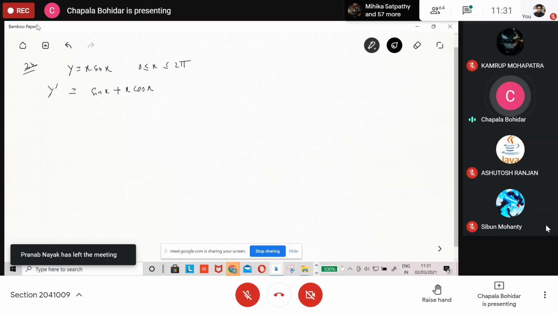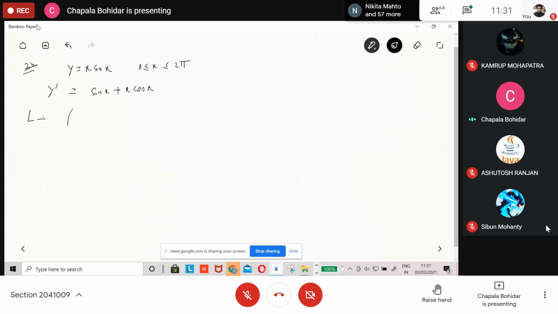So here the arc length L is equal to the integral from 0 to 2 pi of the square root of 1 plus (sin x plus x cos x) squared dx.